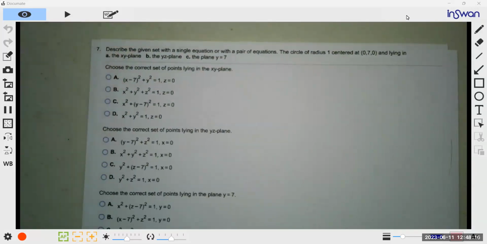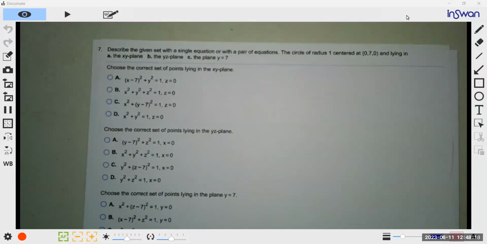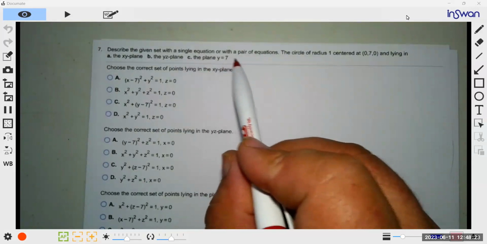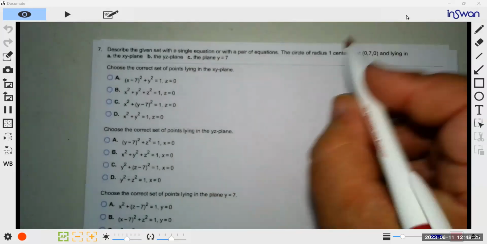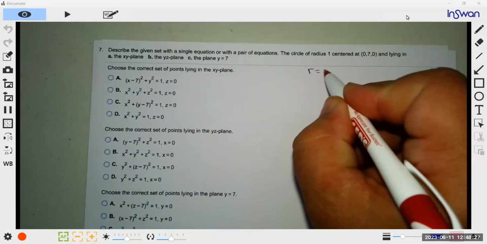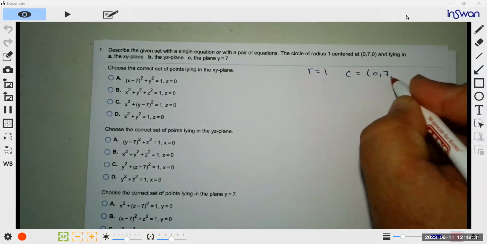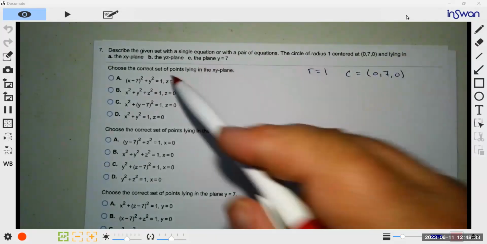Question number 7. Describe the given set with a single equation or a pair of equations. The circle, radius 1, centered at 0, 7, 0, and lying on the XY plane.